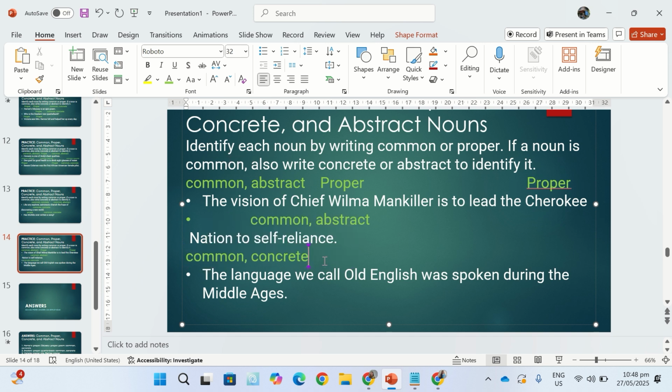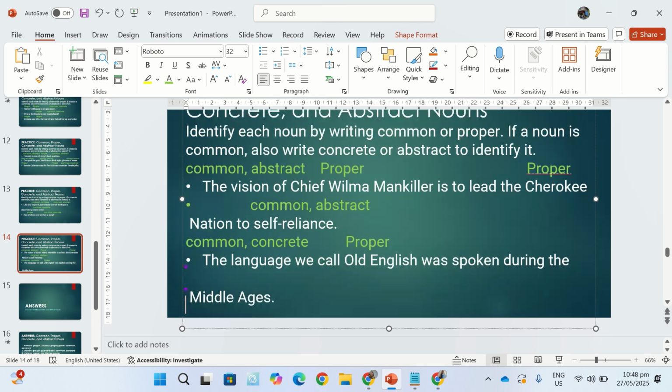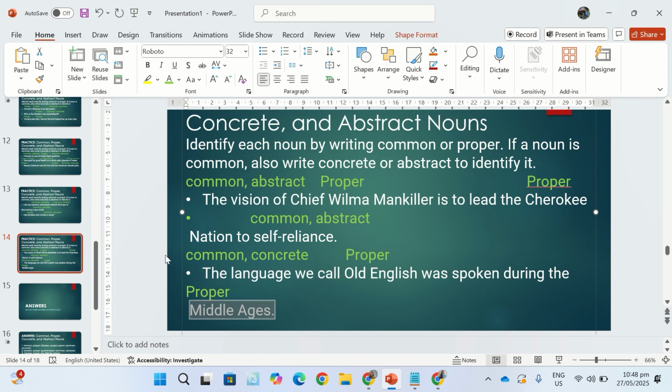And now there's a particular language, and that is Old English, so it is a proper noun. And by this time, we'll be having the Middle Ages, which is a proper noun as well.